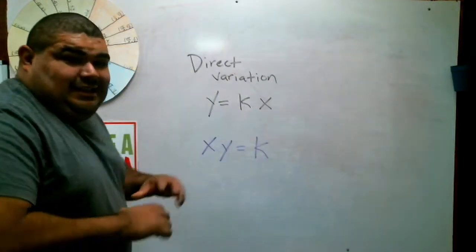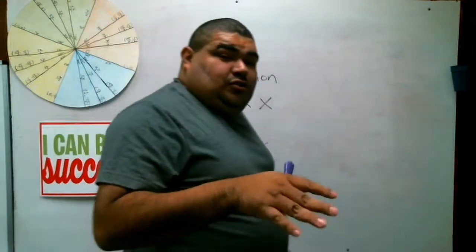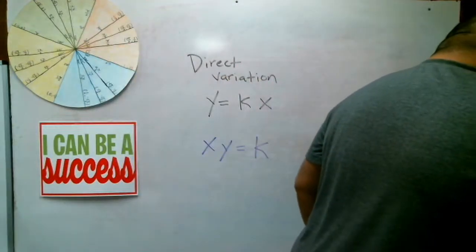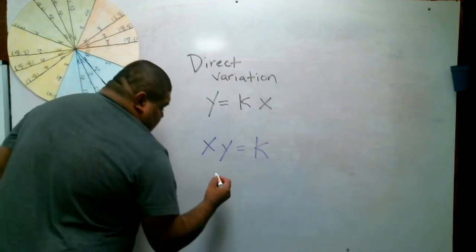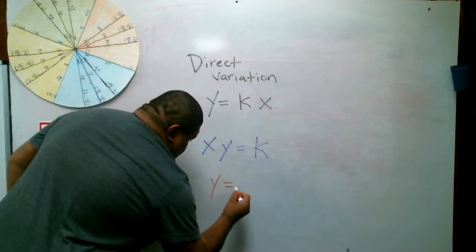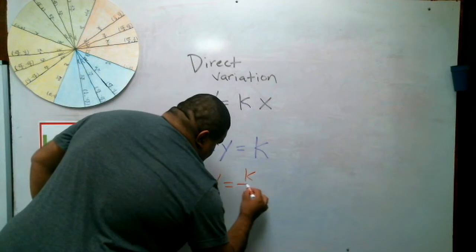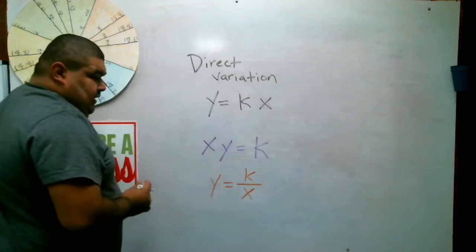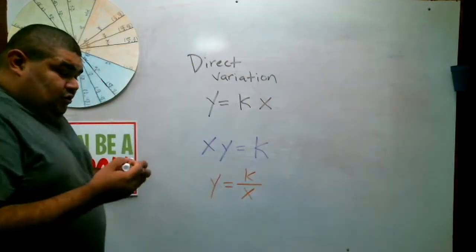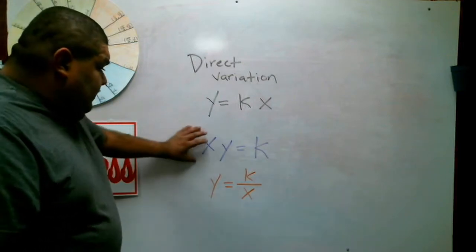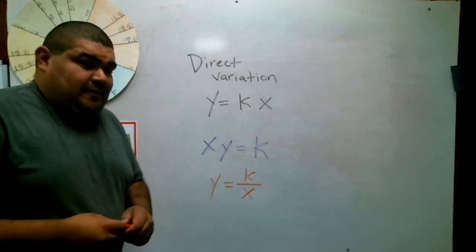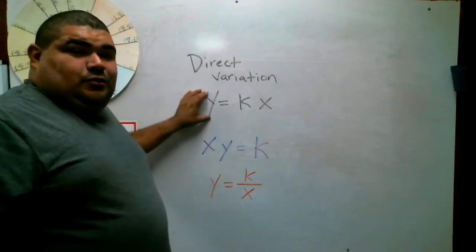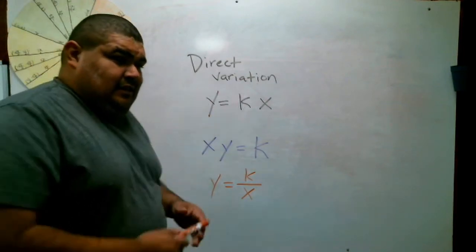That's the inverse. You can also write it as, if we move this x over here, y equals k over x. So there's two ways you can write it. You can use either this formula or this formula for its inverse. The direct variation is y equals kx.